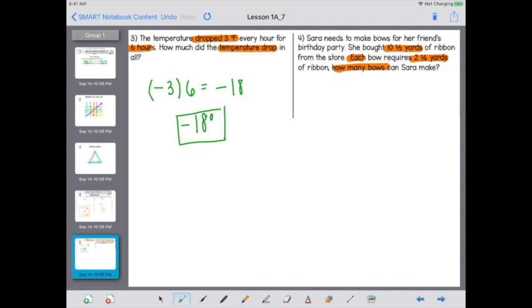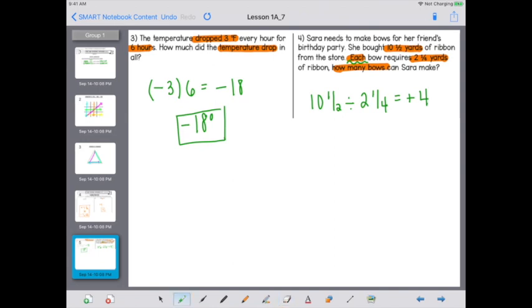So if you have a total of 10.5 yards, you want to figure out how many bows by dividing it by how much each bow requires, so 2 1/4. When you divide this, you have a positive and a positive, so your answer will be positive. So 10.5 divided by 2 1/4. You're going to get a positive 4 2/3.